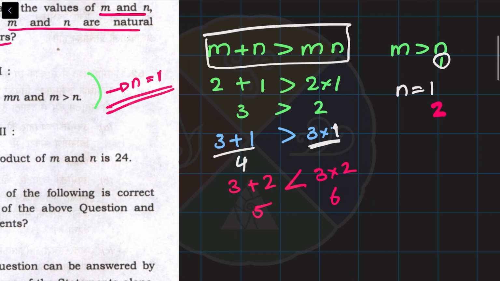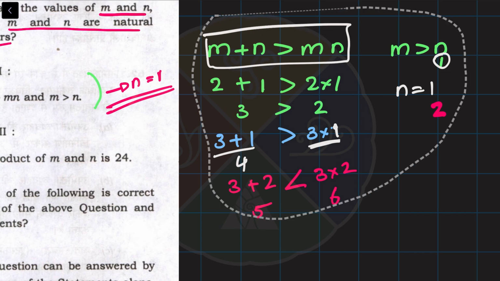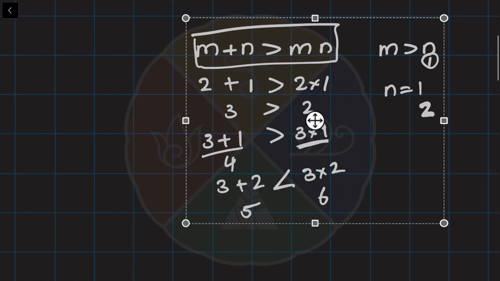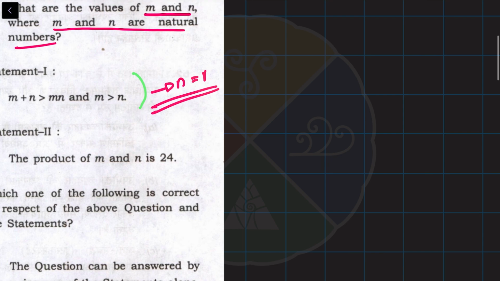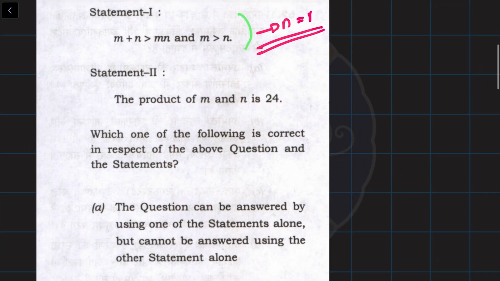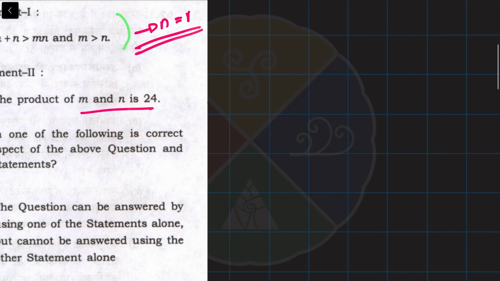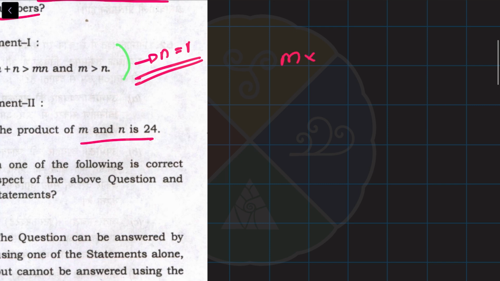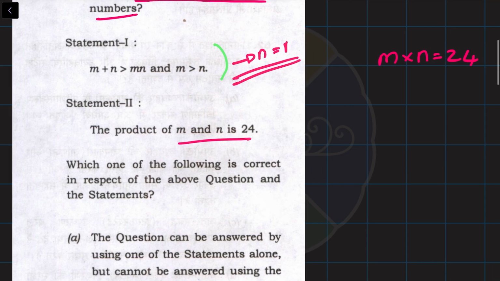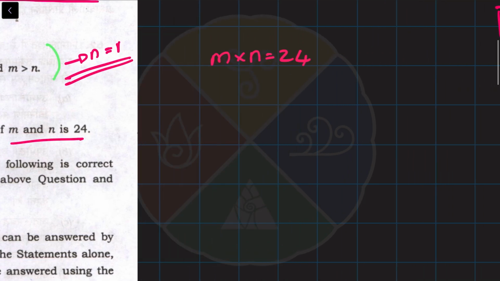Now let's see what statement 2 is telling us. The product of m and n is equal to 24. I'm trying to solve this by using statement 2 only, not taking statement 1 into account.